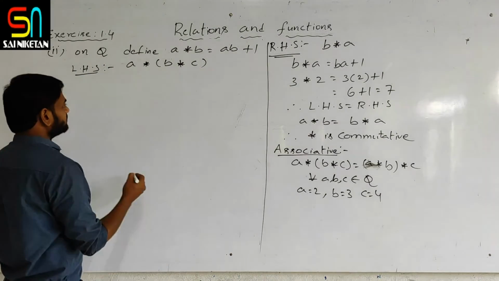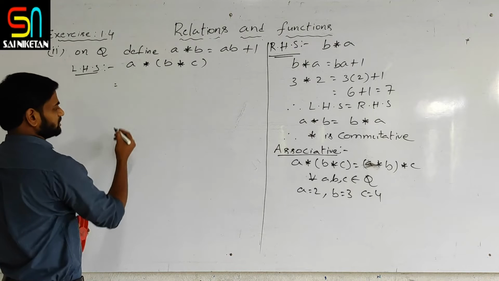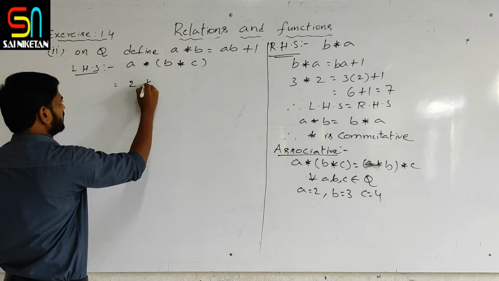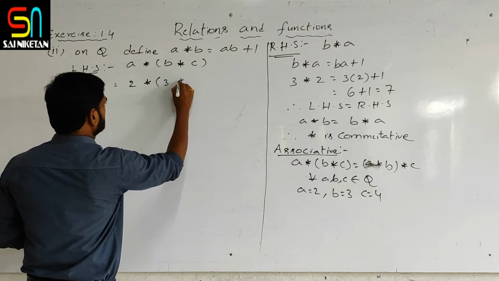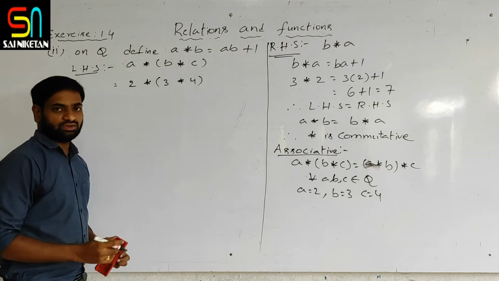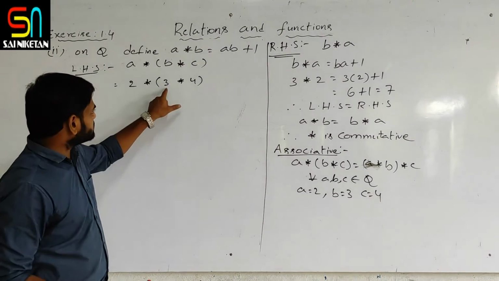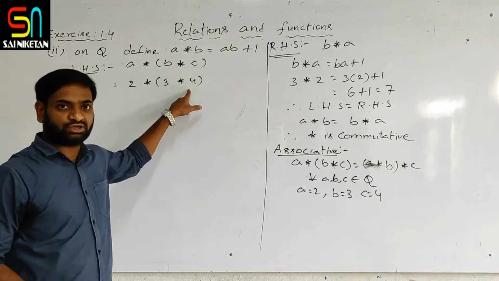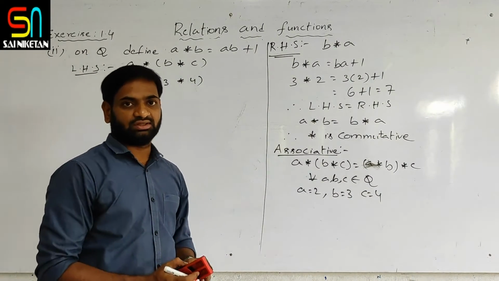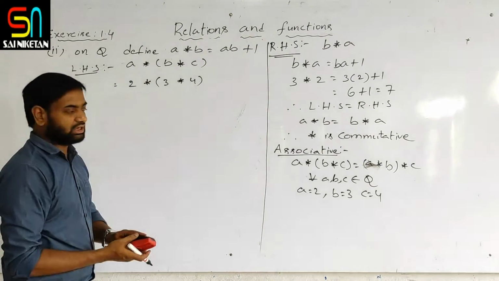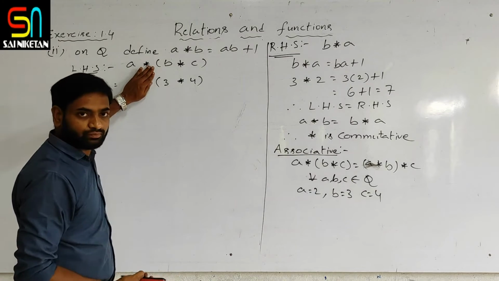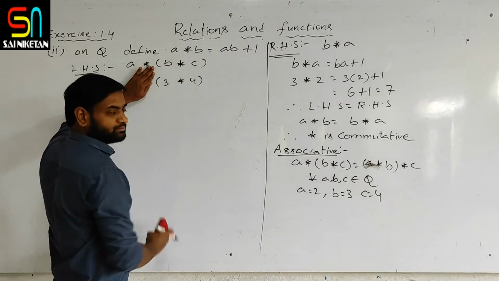Now here, substitute A. A means 2 star B star C, that is 3 star 4. So first we have to solve 3 star 4. Which operation is within the brackets, that one we have to solve. Now we have to solve 3 star 4. Leave this one. Forget this one. Now we have only 3 star 4.